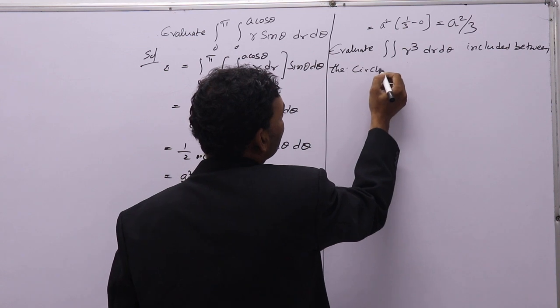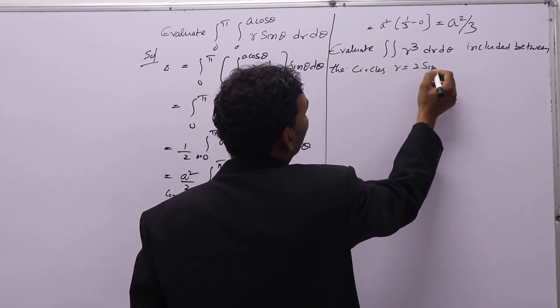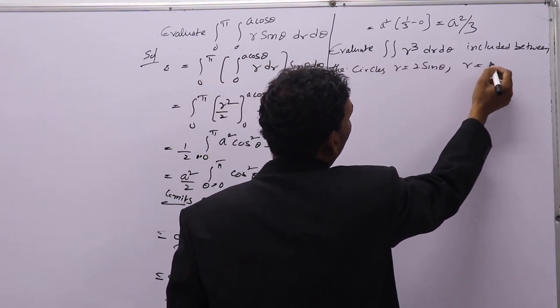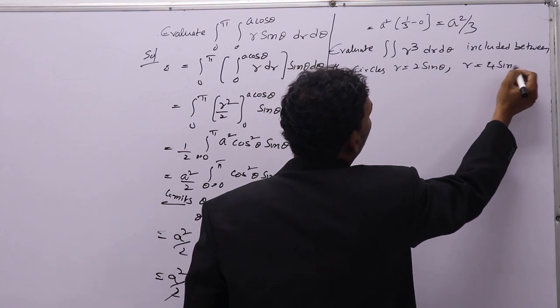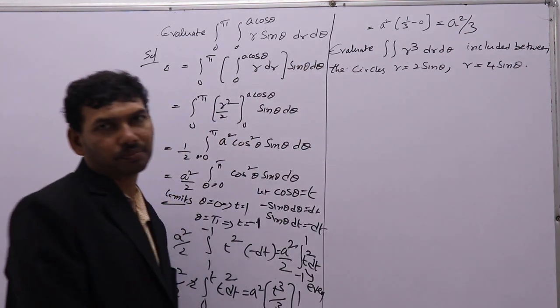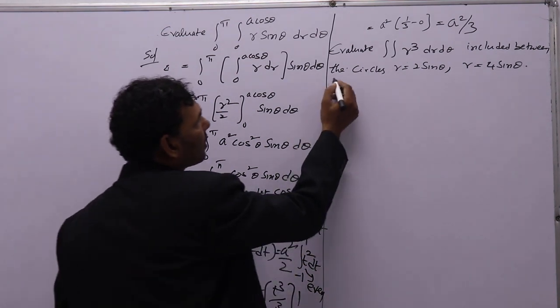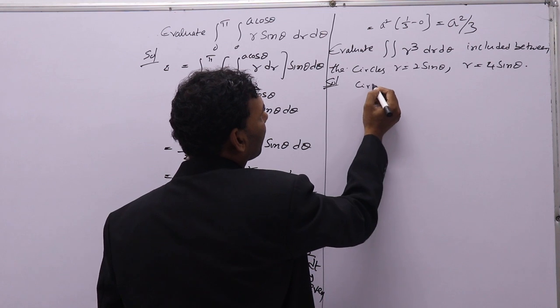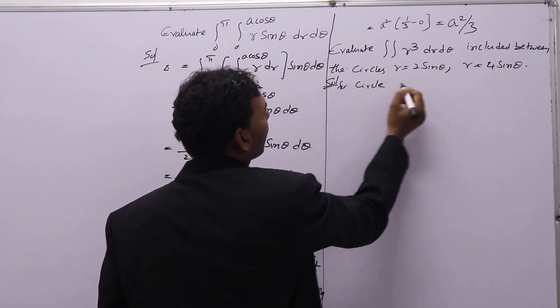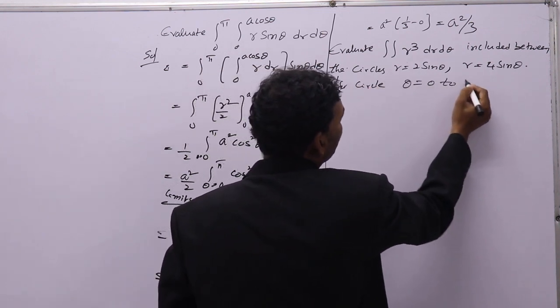The circles r equal to 2 sin theta, r equal to 4 sin theta. So we need to evaluate this one because this is a circle. For a circle, theta will be 0 to pi.